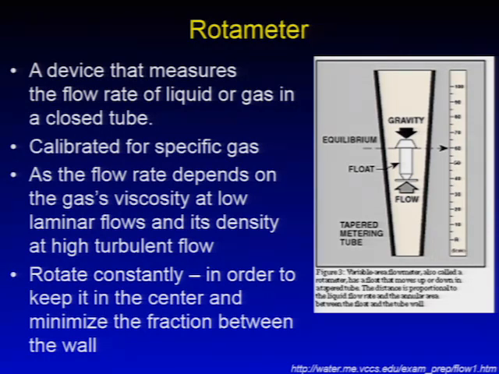The flow rate depends on the gas's viscosity at low laminar flow, as I mentioned before, and also its density at higher turbulent flow. So the rotameter rotates constantly inside the tube. This is in order to keep it in the center and minimize the friction with the wall.